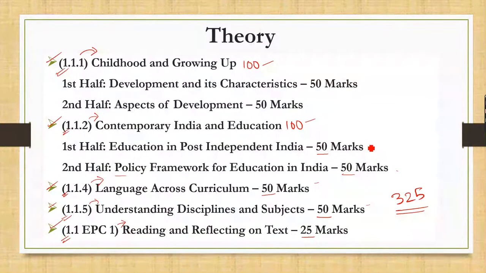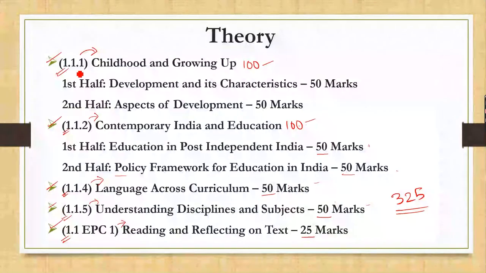I'm sorry, these 250 are not added because it's already included here in this 100. So it's 100 plus 100 plus 50, 50 and 25. Okay, the correction. So the total marks that you have to write for theory examination is going to be 325.